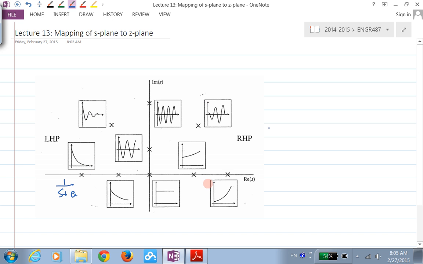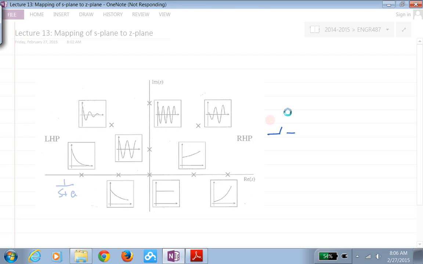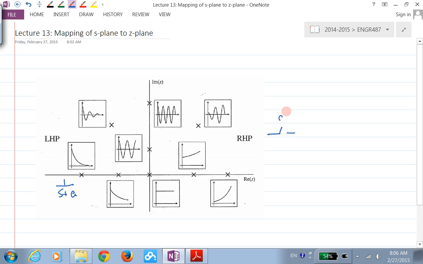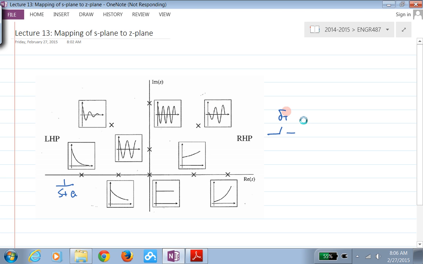So the idea is we know very well the response of those poles in the S-plane. When we design a digital controller, or when we discretize things, you don't have an impulse sampler, and any one of these responses will become a discrete sequence of numbers.